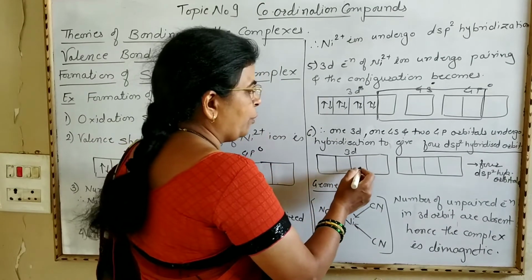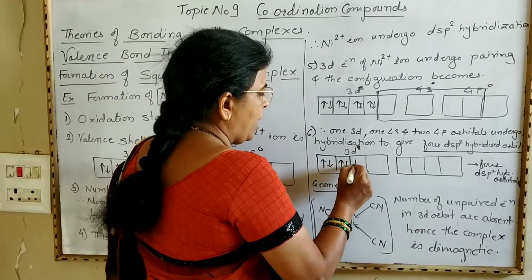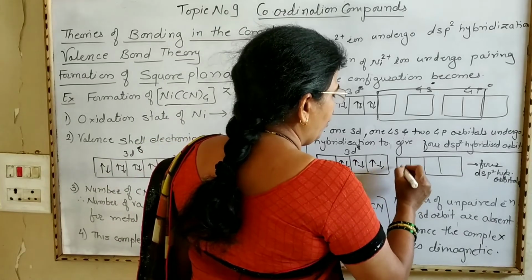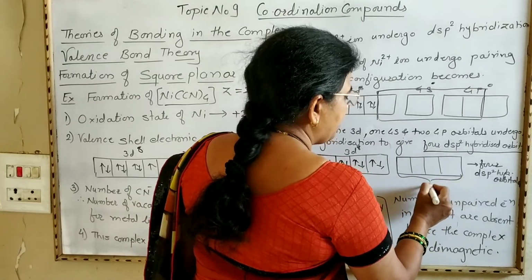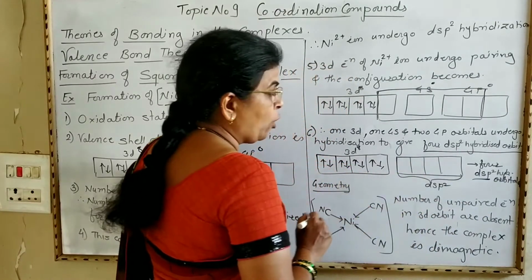Now these are 3d orbitals which possess 8 electrons, and here is the formation of these 4 dsp2 hybridized orbitals. Now these are vacant orbitals.